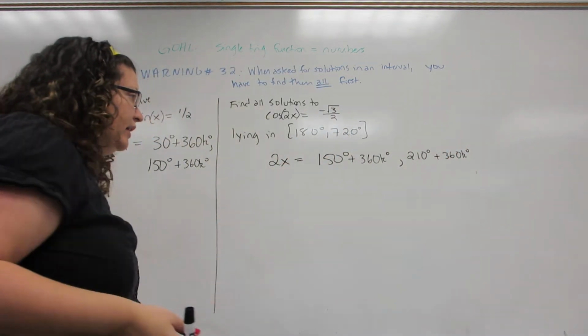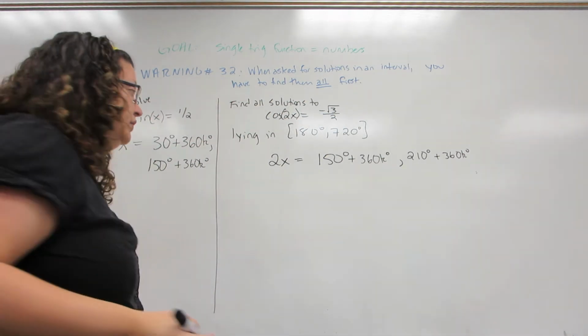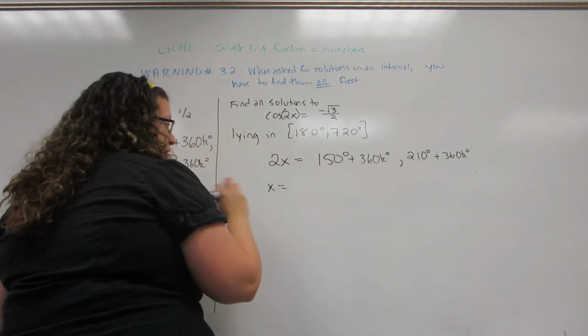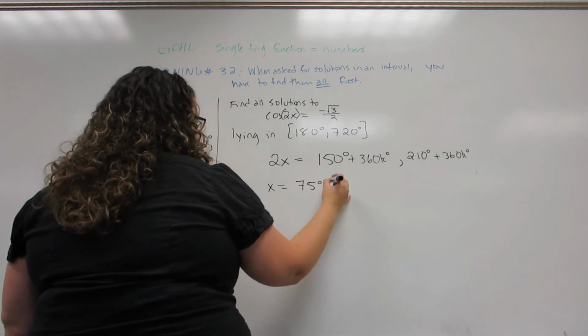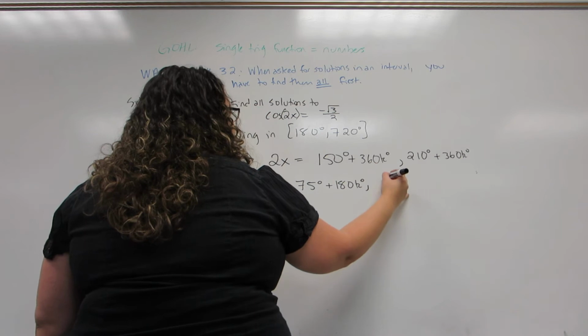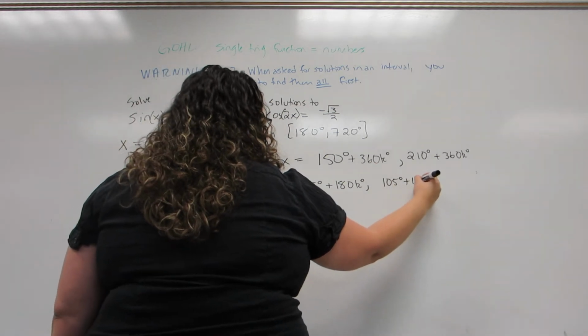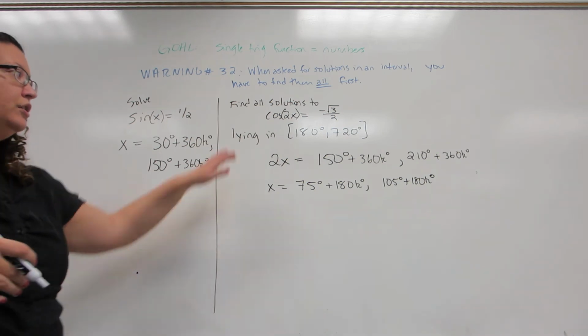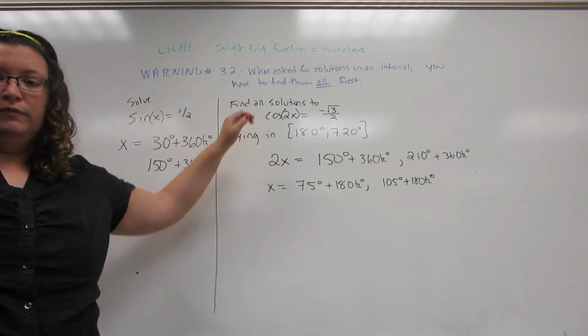Now this is 2x equals. I want x equals. So now I'm going to solve for x by dividing everything by 2. So I get 75 degrees plus 180k and 105 degrees plus 180k. This is the list of all solutions to this trigonometric equation.